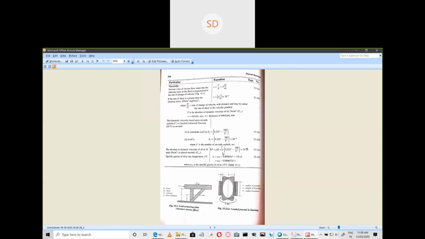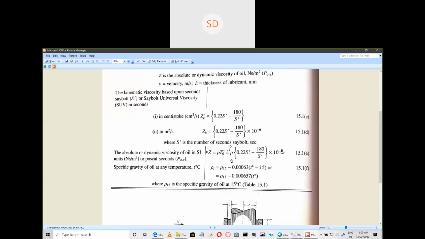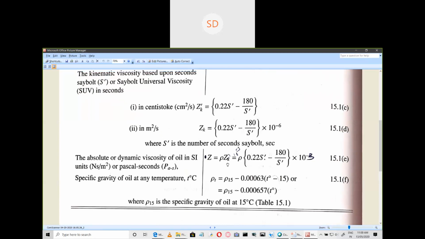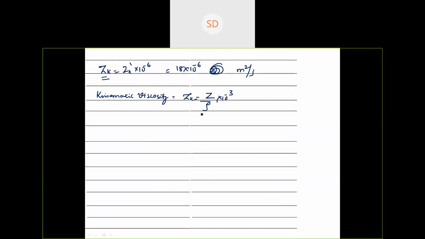Okay, here. So now to calculate absolute or dynamic viscosity, Z equal to rho into Zk. So we are rewriting it for Zk here. You just look at this constant. Why do we need 10 to the power of minus 3? You just cross verify with the unit conversion from fluid mechanics.